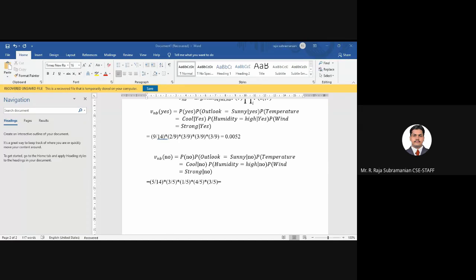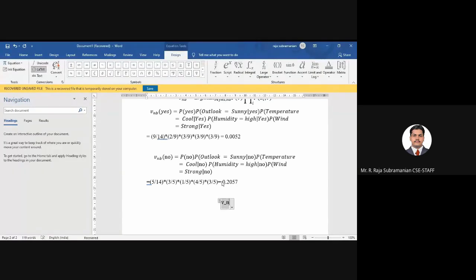So I get 0.2057 and it goes on. So I put here 0.2057. Right? Now you take the argmax of S and no. For this condition, which is maximum, 0.0052 or 0.2057? 0.2057. Yes.